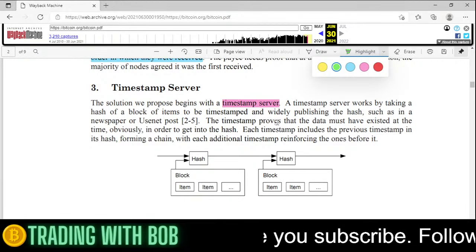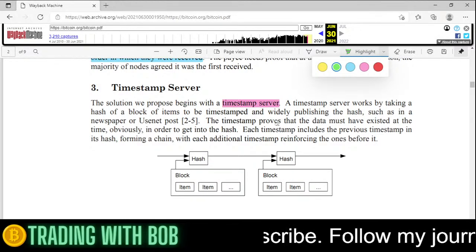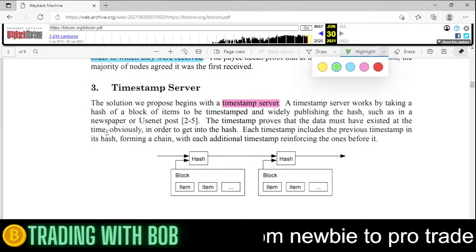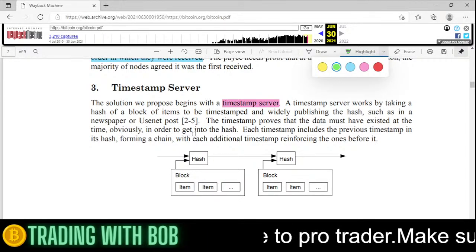The timestamp proves that the data must have existed at the time, obviously, in order to get into the hash.